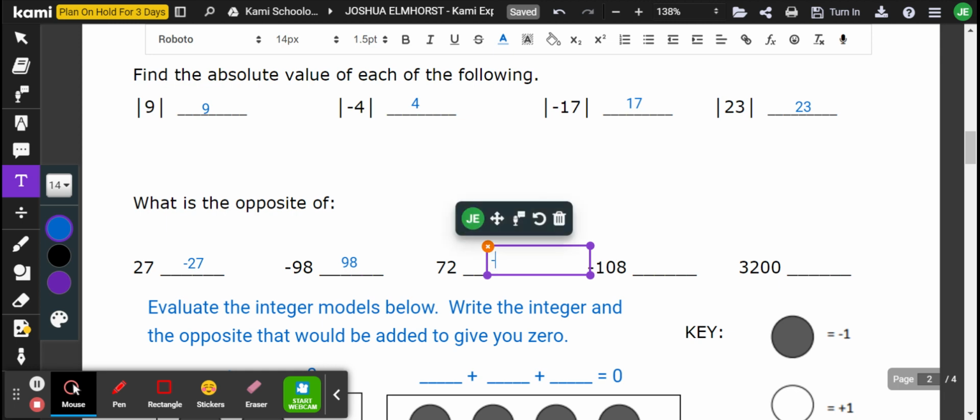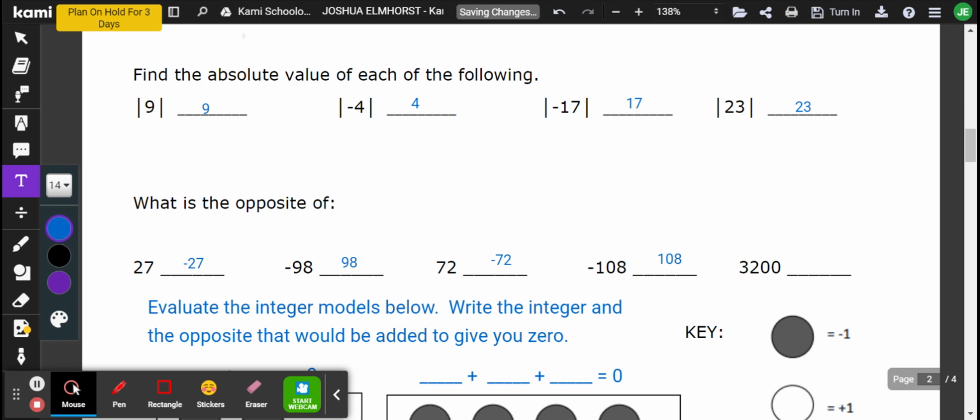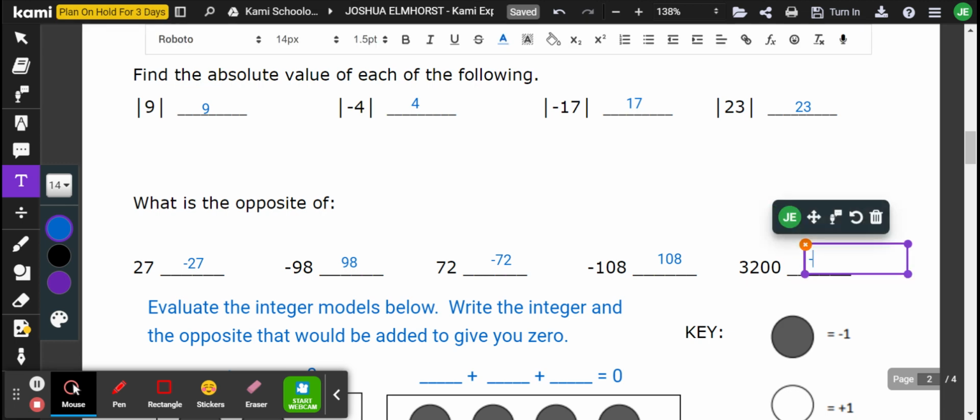The opposite of 72 is -72. The opposite of -108 is 108, a positive one. And you can have very big numbers, but the opposite direction of going positive 3,200 would be going -3,200. Okay, those are just quick concept review.